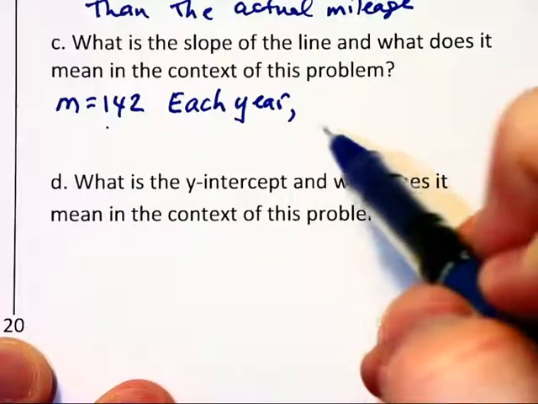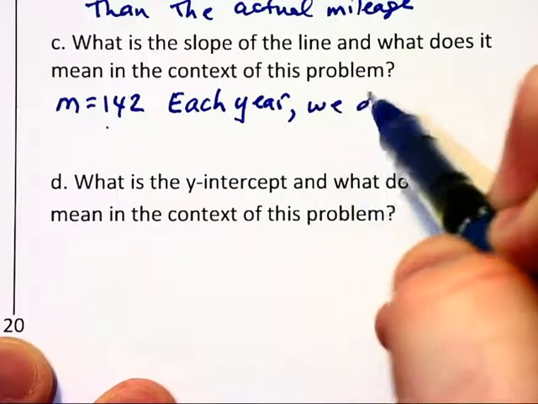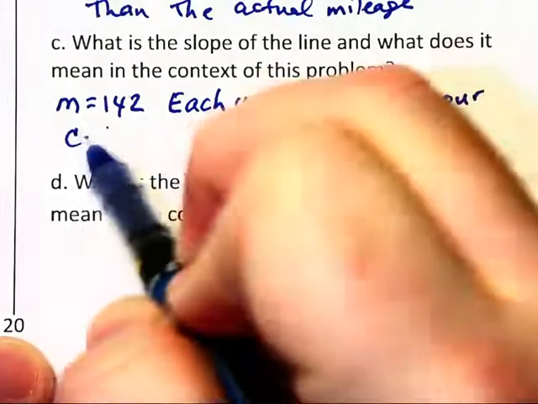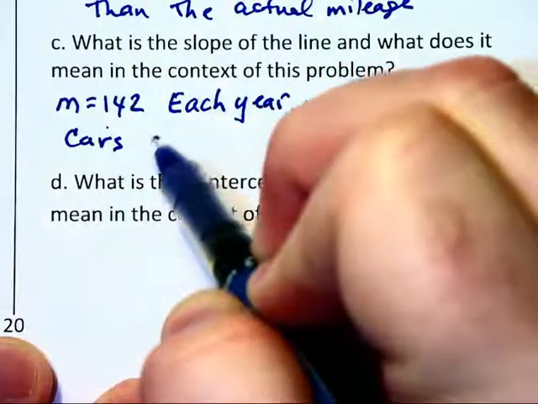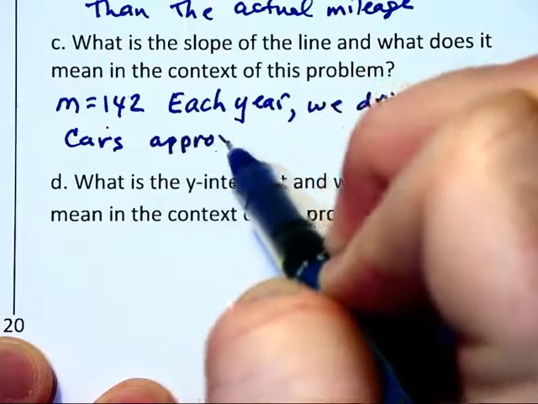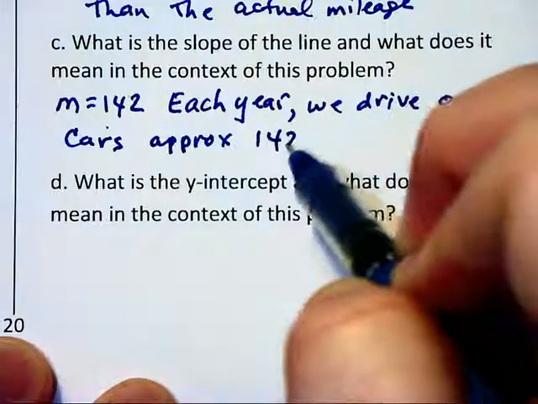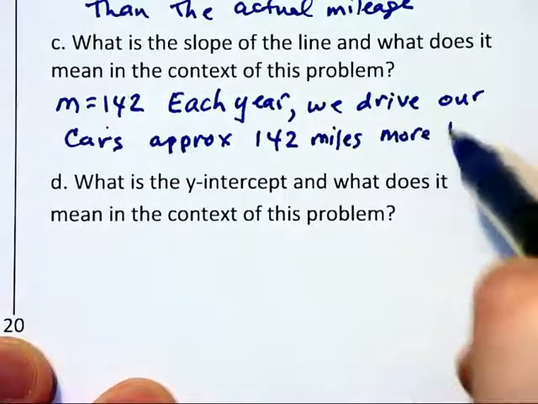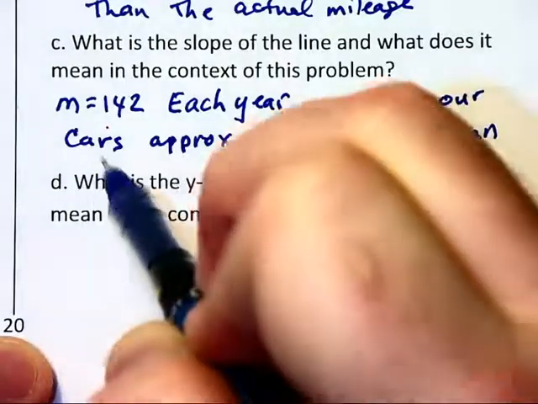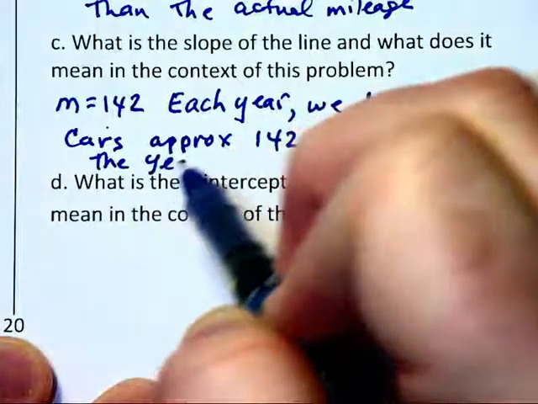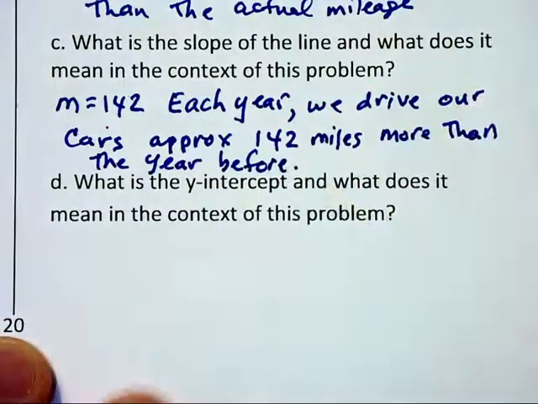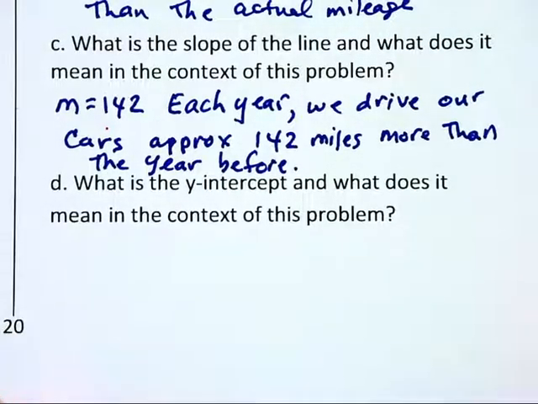And so I'm going to say we drive our cars approximately 142 miles more than the year before. Notice how this description has both a rise and a run built into it.